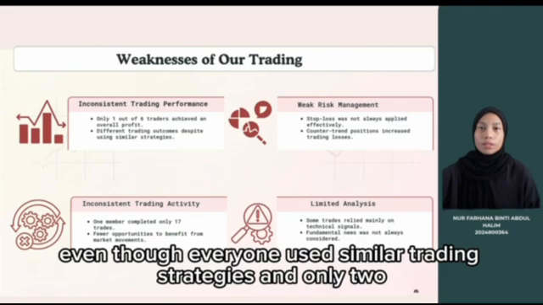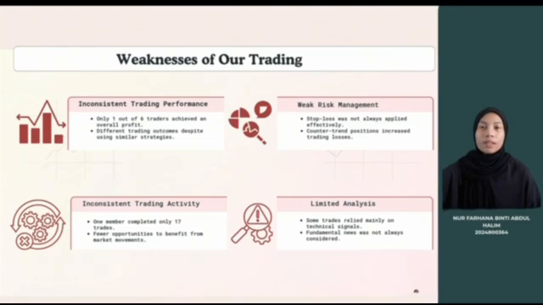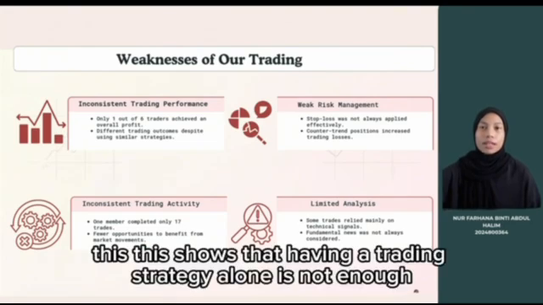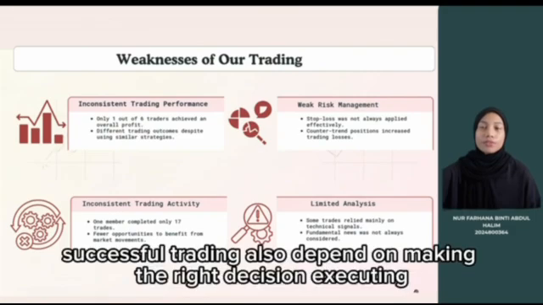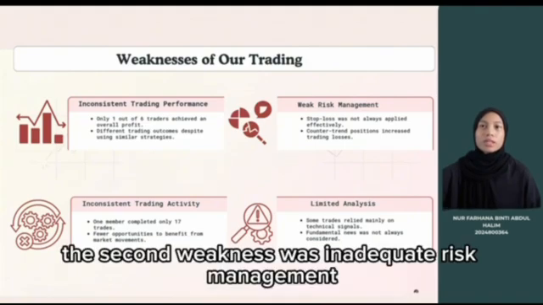Even though everyone used similar trading strategies and analytical methods, the results were very different. This shows that having a trading strategy alone is not enough. Successful trading also depends on making the right decisions, executing trades at the right time, and adapting to changing market conditions. The second weakness was inadequate risk management.